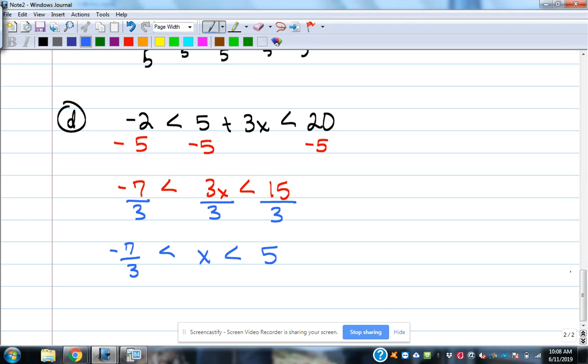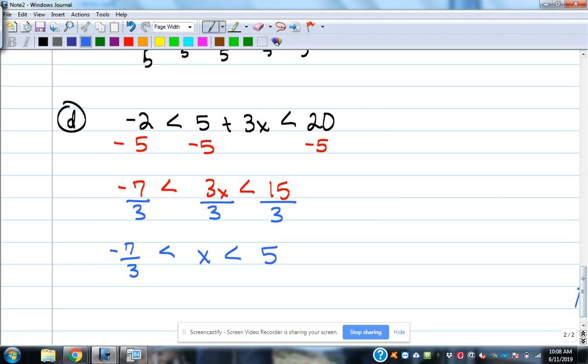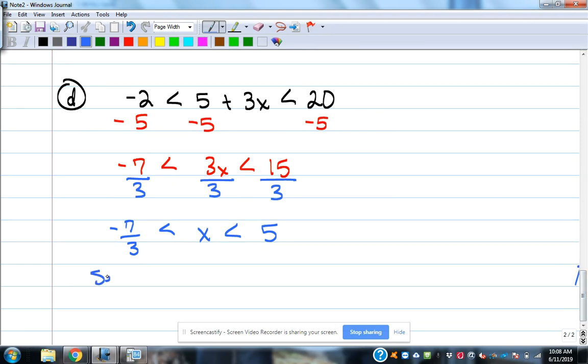Set notation, it's exactly the same thing. The idea is, you're just going to take that inequality, all x's, as long as x is between -7/3 and 5. If you think about interval notation, it's the same idea.